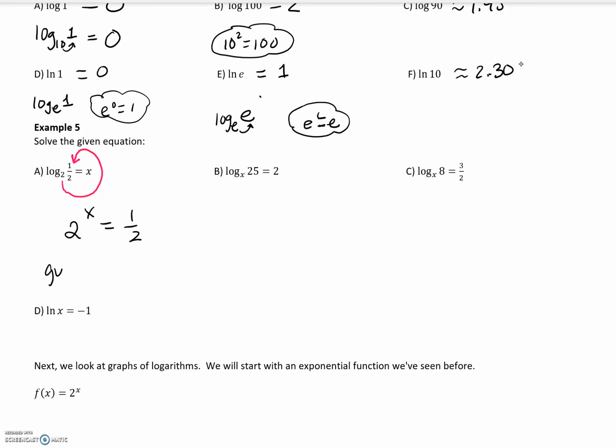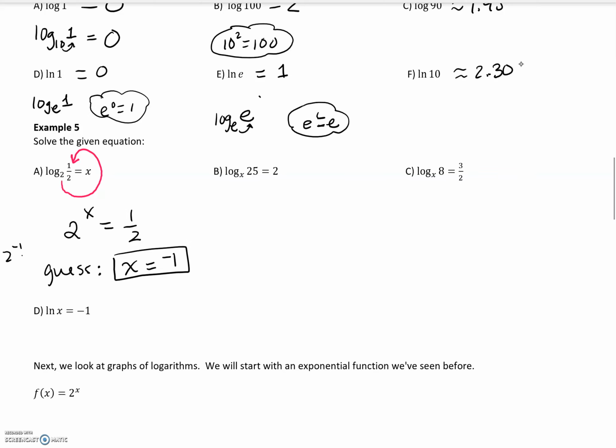And if you were to guess, what would the exponent need to be to give you a half? 2 to the what gives you a half? It would have to be -1, so that 2 to the -1 makes that reciprocal of 1/2. So all we had to do was basically guess the exponent.